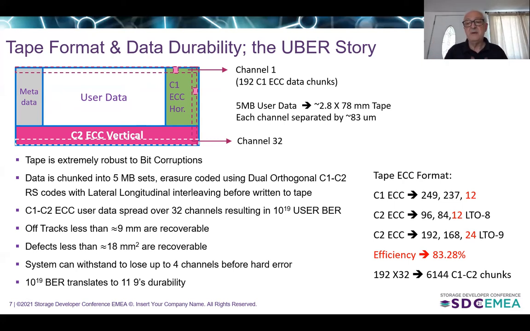How the data recoverability is dictated is by the C1, C2, ECC. C1 is a very strong long code word ECC, 249, 237 with 12 parities. C2 for LTO8 is 96 by 84, 12 parities, but C2 ECC for LTO9 is going to be even stronger with the same efficiency, 192 by 168, 24 parities.